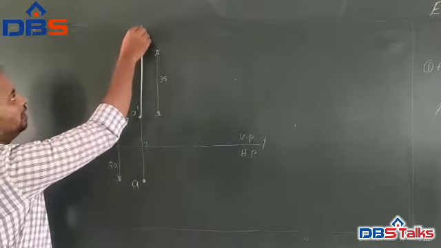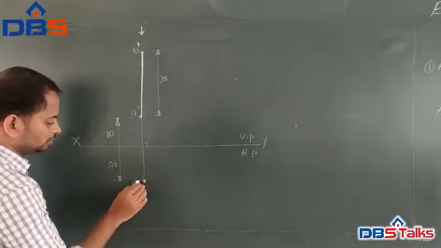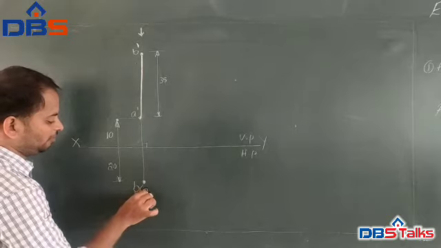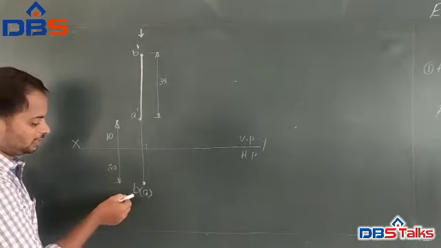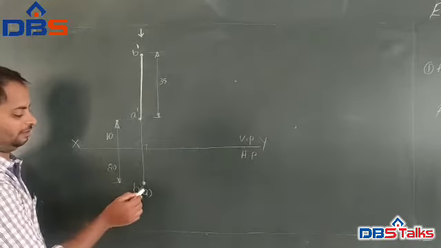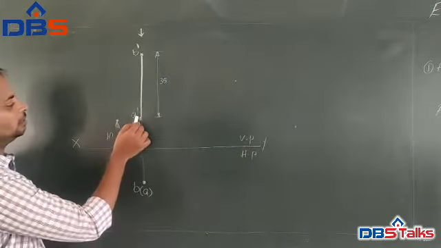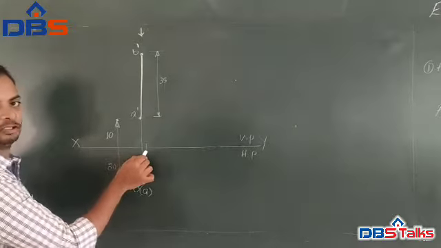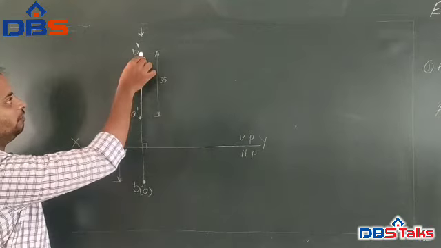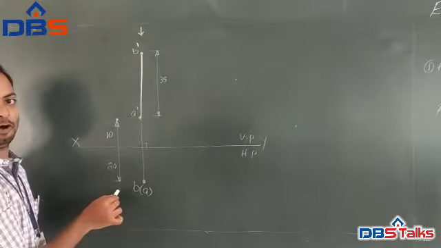Then when you see it is the front view, let us draw the top view of the line AB. If you see here, the top view will be from B, it is hidden off A. So let us mention it as B bracket of A. So when the line AB is perpendicular to HP and parallel to VP, the front view will show a straight line and the top view will show a point.